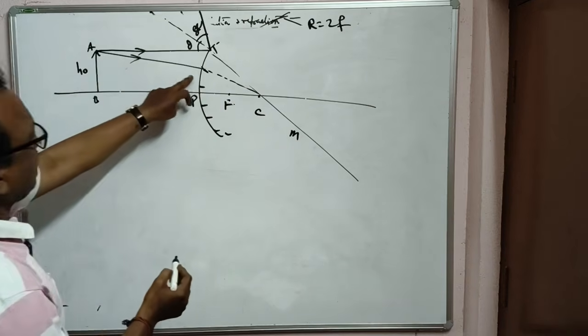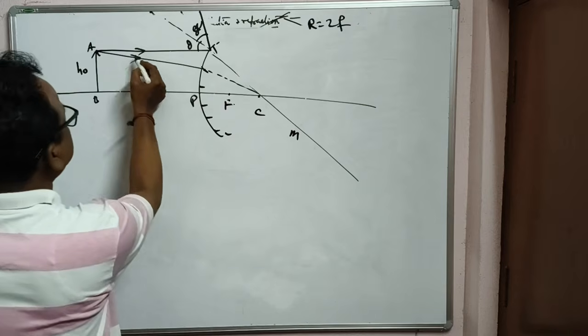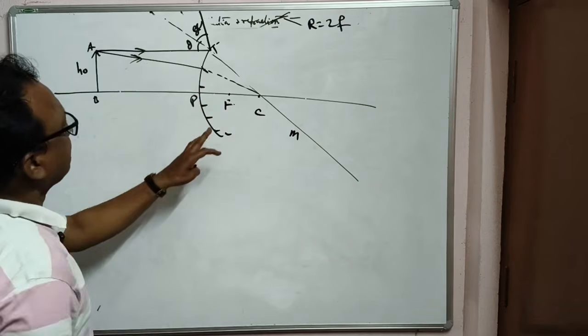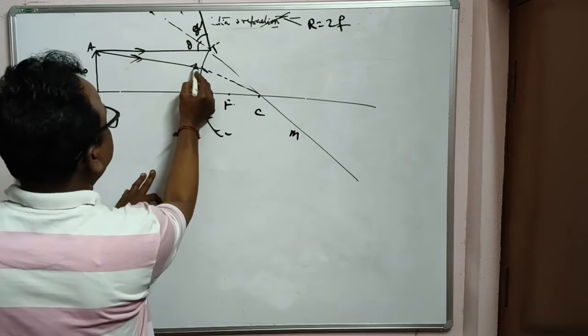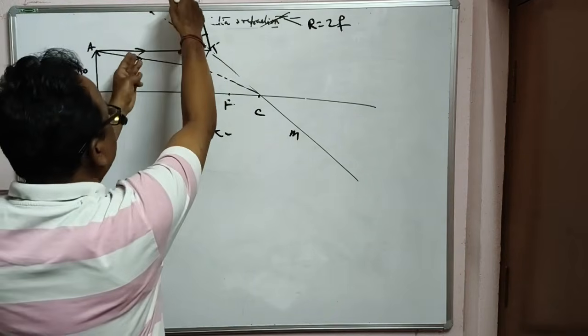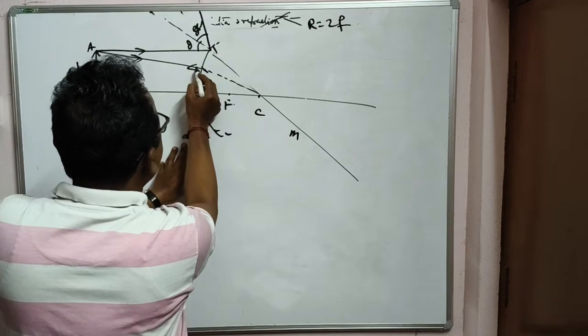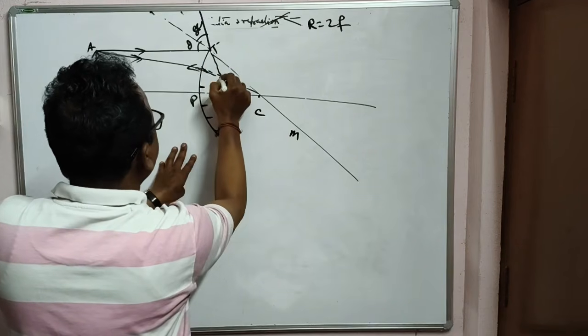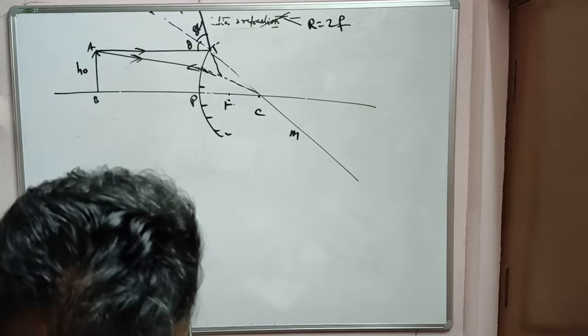That means the light ray is going through center, undeviated. Okay? So what happens? It goes again, comes back. So these two are again diverging. So if you extend those, they will meet somewhere over here. You can see that.